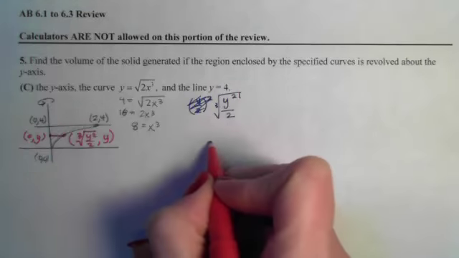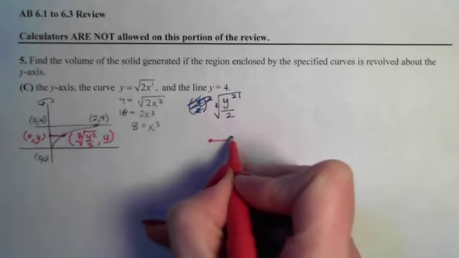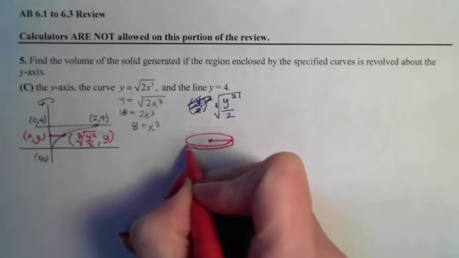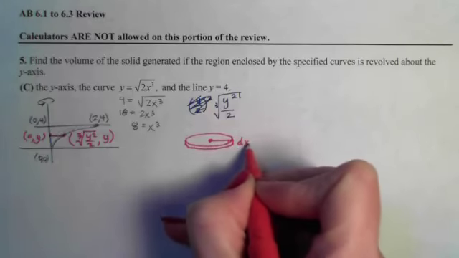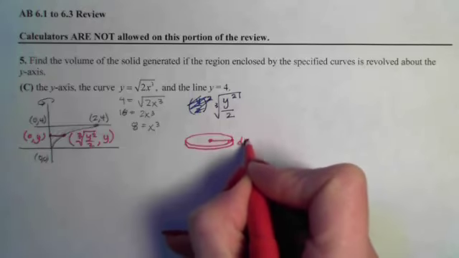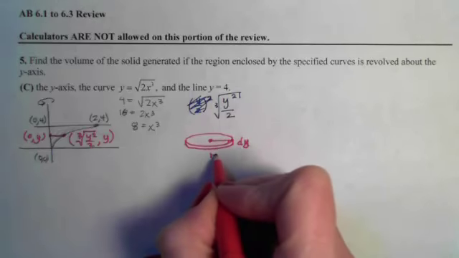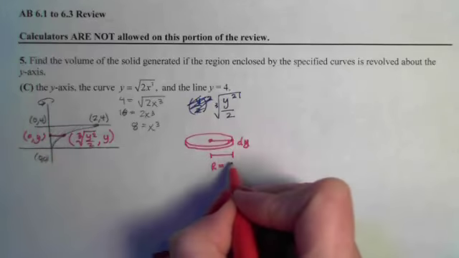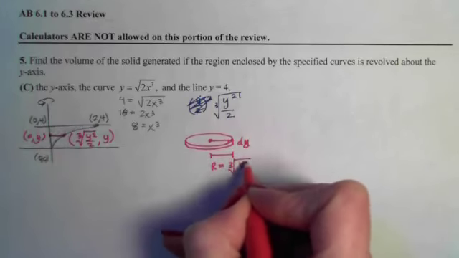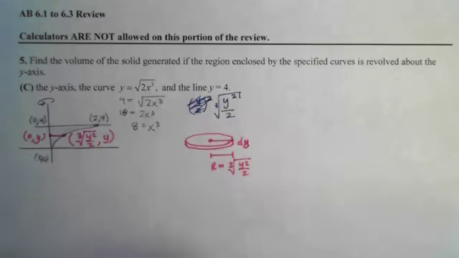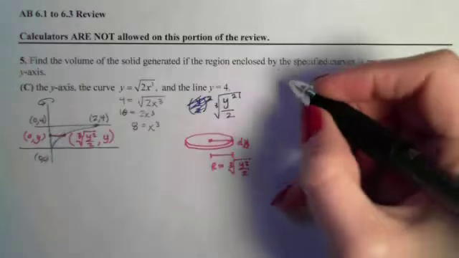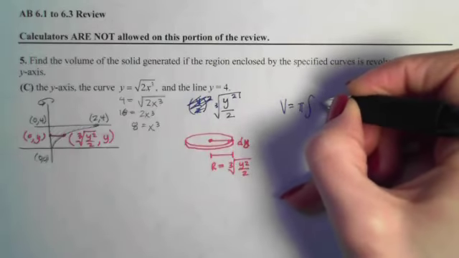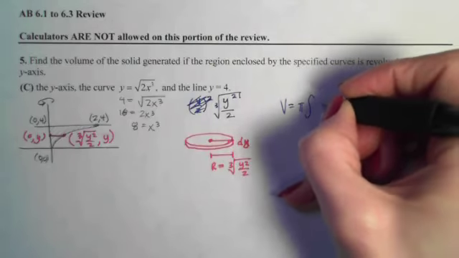Now when I rotate that, I'm going to get a disk, not a washer, because the inner radius is 0. I have a thickness of dy, and that radius length is this minus this, so the cube root of y squared over 2. And when I set up my integral, the volume is pi times the integral of that big radius squared.